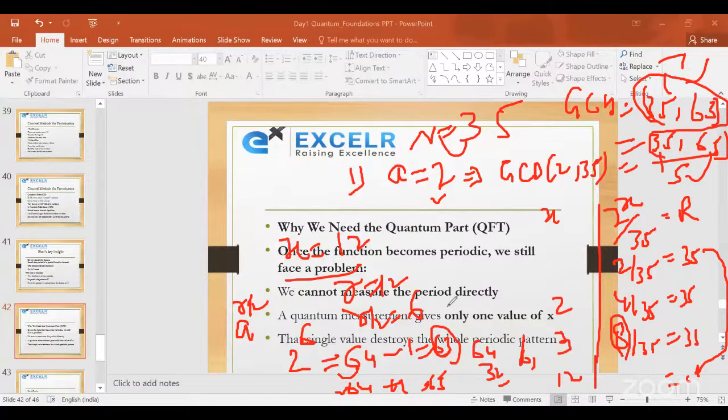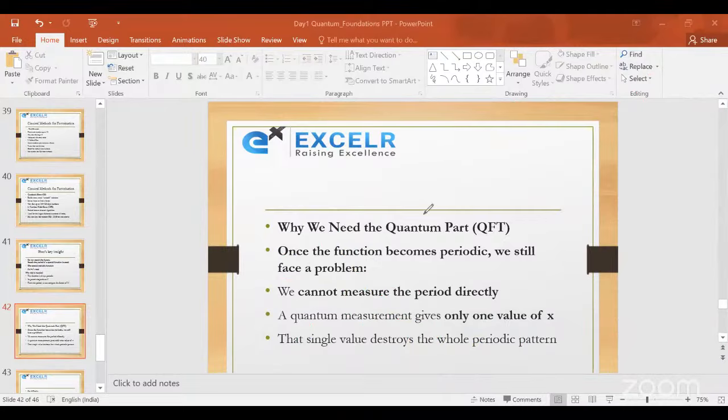Okay, so now what about the circuit? I think I have cleared every step, so you will have no problem with the circuit. What will the circuit be? There will be Hadamard gates, which you apply at every input.